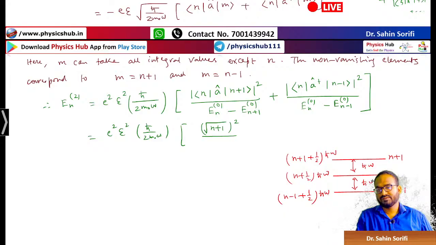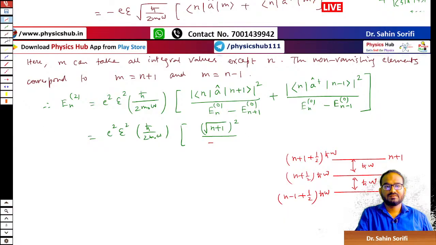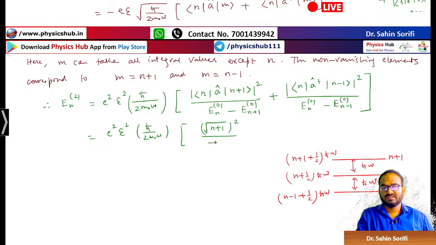ħω. So E_n^(0) minus E_(n+1)^(0) means this minus that. So this is obviously greater than this, so there will be a minus sign: minus ħω. Plus this one will be square root of n squared, E_n^(0) minus E_(n-1)^(0), so this is plus ħω.